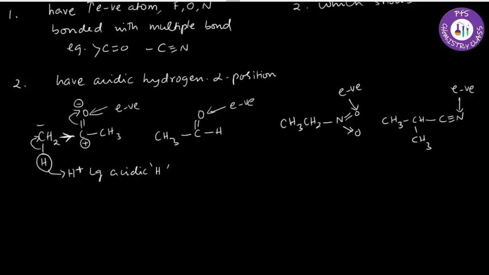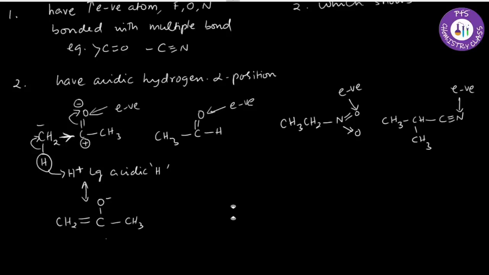So in this form we get CH2, C, with O minus, and a plus here. When you have a minus here and a plus there, you get a double bond over there. So that is the basic idea of the compound having an acidic hydrogen.